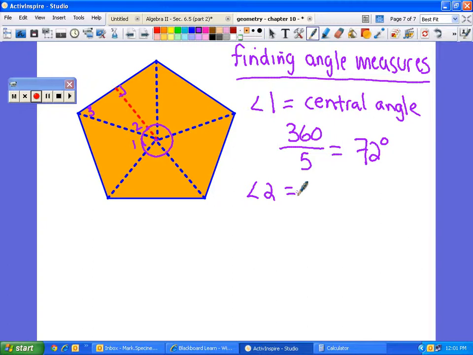Okay, now, what we know about apothems is that they bisect the central angle. So to find angle 2, we simply divide in half the measure of angle 1. The measure of angle 1 was 72, so 1/2 of 72 is 36.